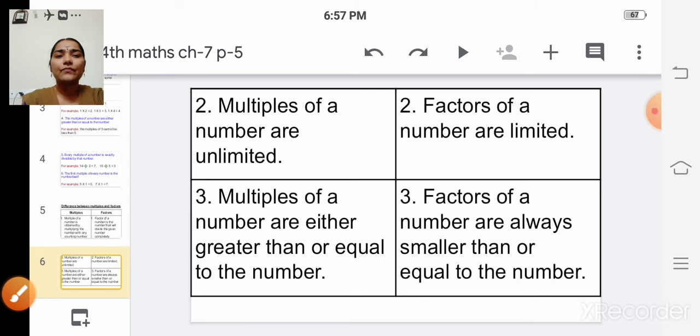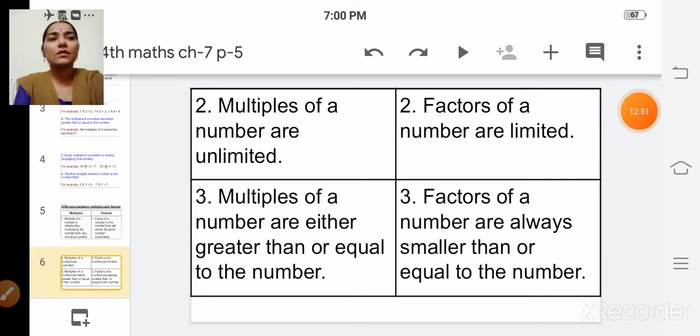Next one: multiples of a number are unlimited. Just now we have learnt, multiples of 3 are 3, 6, 9, 12, 15 and it will go on. So multiples of a number are unlimited. But the factors of a number are limited.